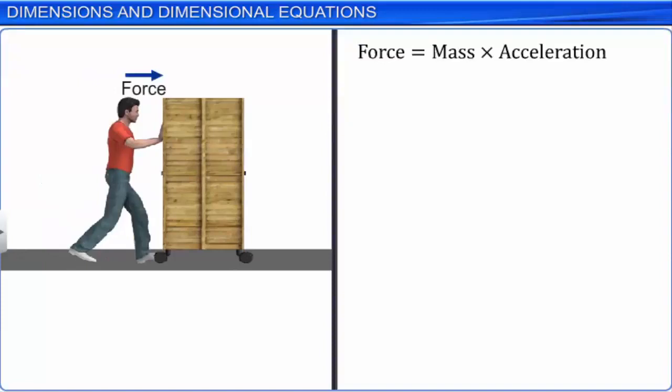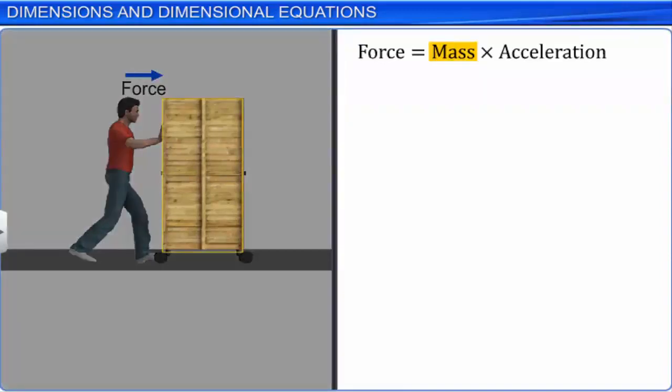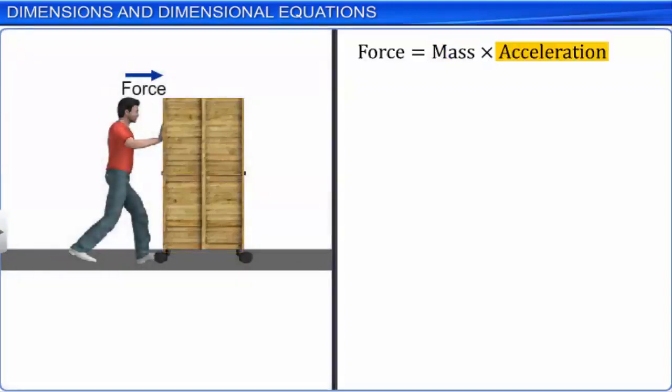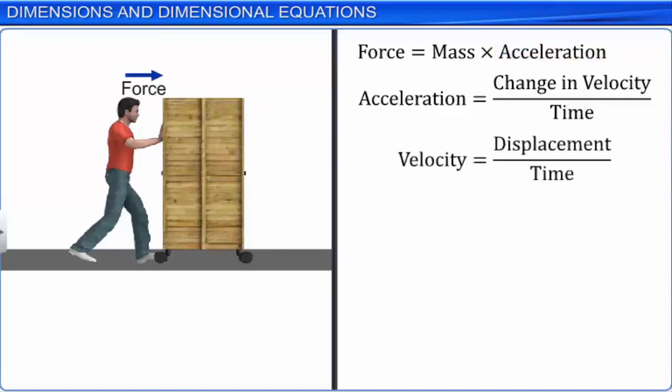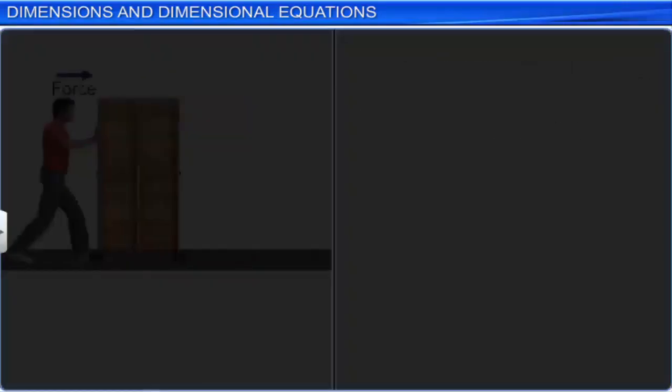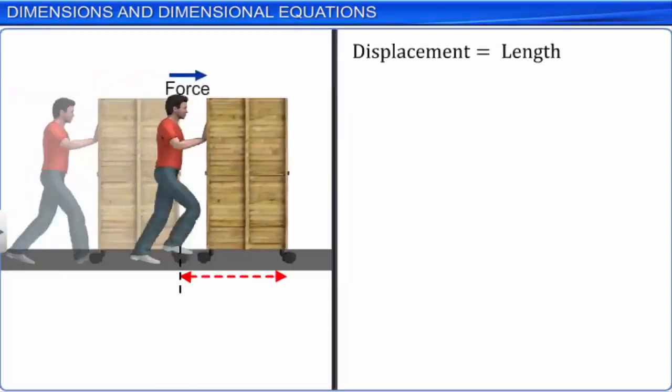Mass is a base quantity, and acceleration is the derived quantity, which is the ratio of change in velocity to time. Velocity, which is also a derived quantity, is the ratio of displacement to time. Displacement, in basic terms, is length.